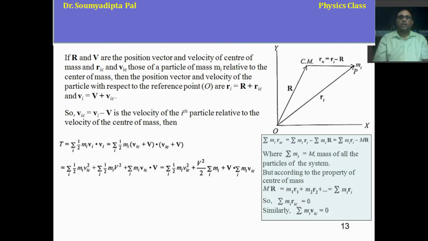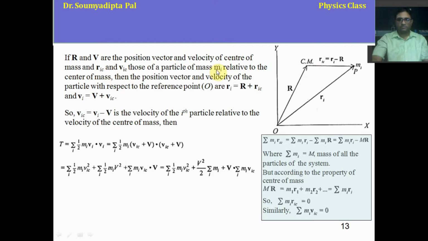Now here we will do a thing that you need to see carefully. Here capital R is the distance of the center of mass from the origin, and capital V is the velocity of the center of mass. Now Ric, what is Ric?